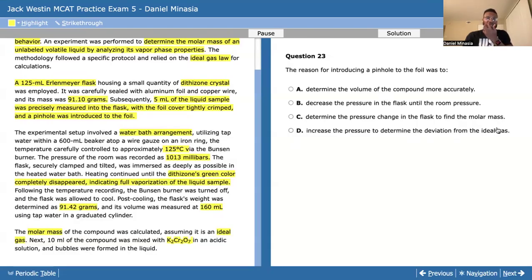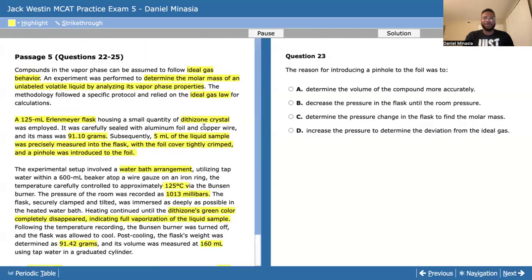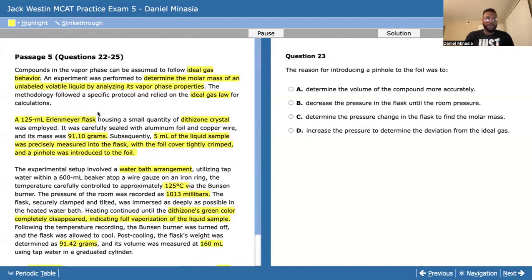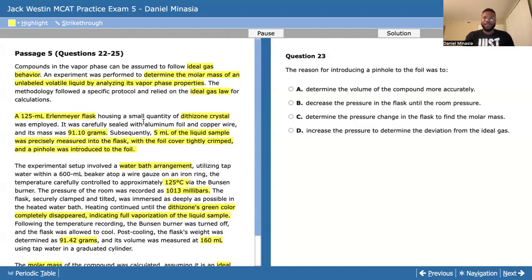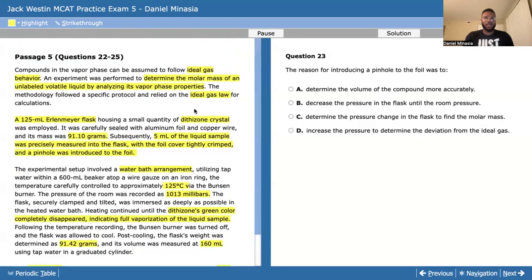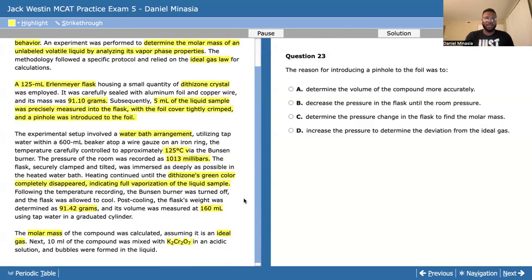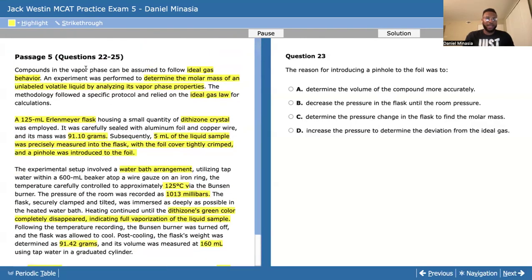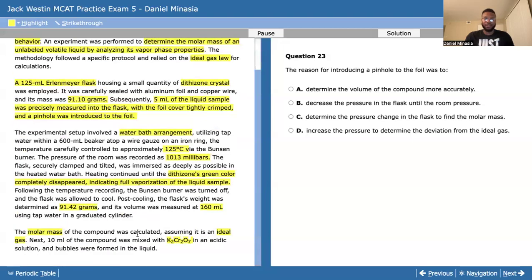No. Everything in this passage was pointing to the fact that we're assuming an ideal gas situation. It appeared three times: ideal gas behavior, ideal gas law, assuming it's an ideal gas.